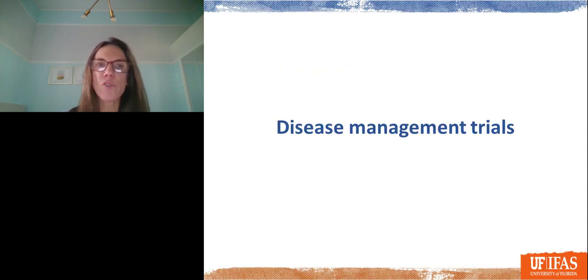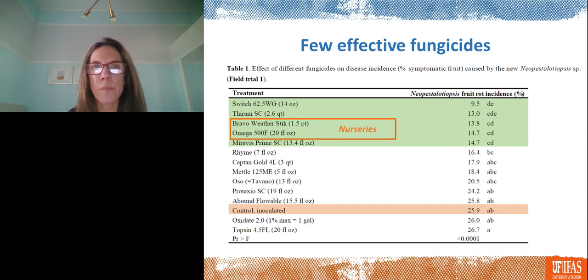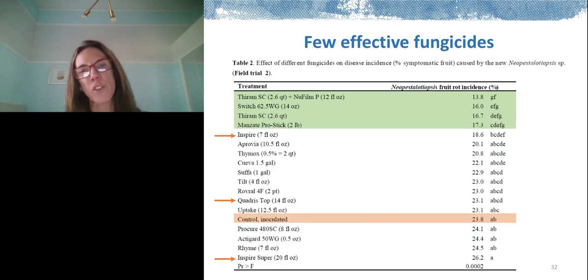We had 2 trials last year. The second trial was basically we tried to look at many other options for control, but the ones that worked better were the same that worked well in the first trial, which were Switch and Tyrum.